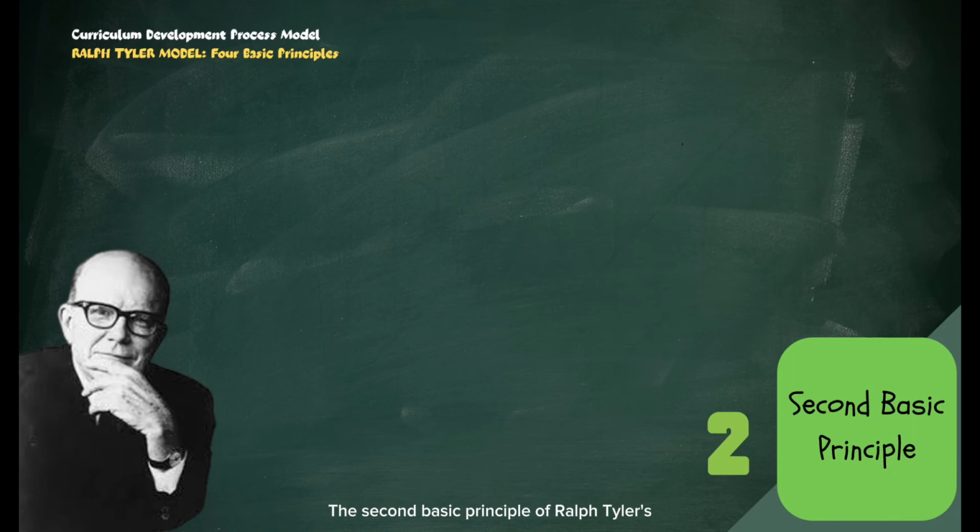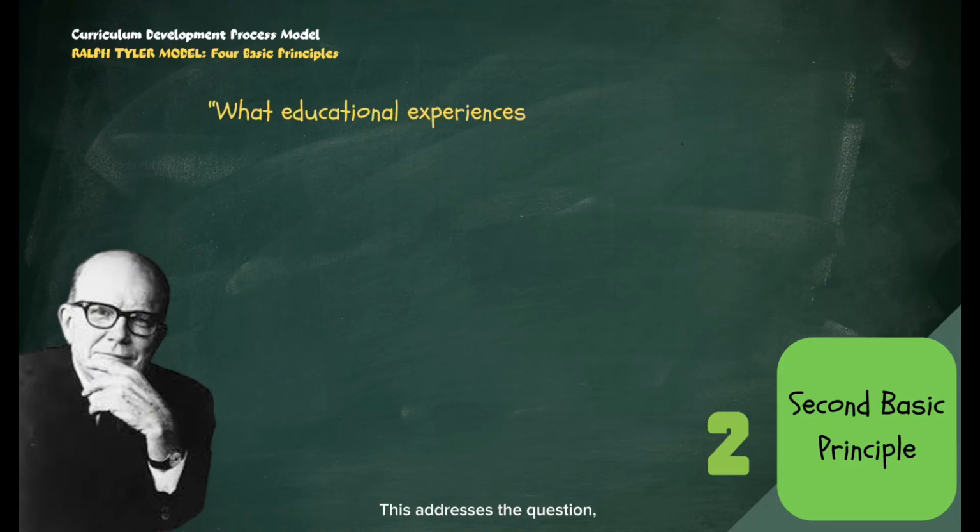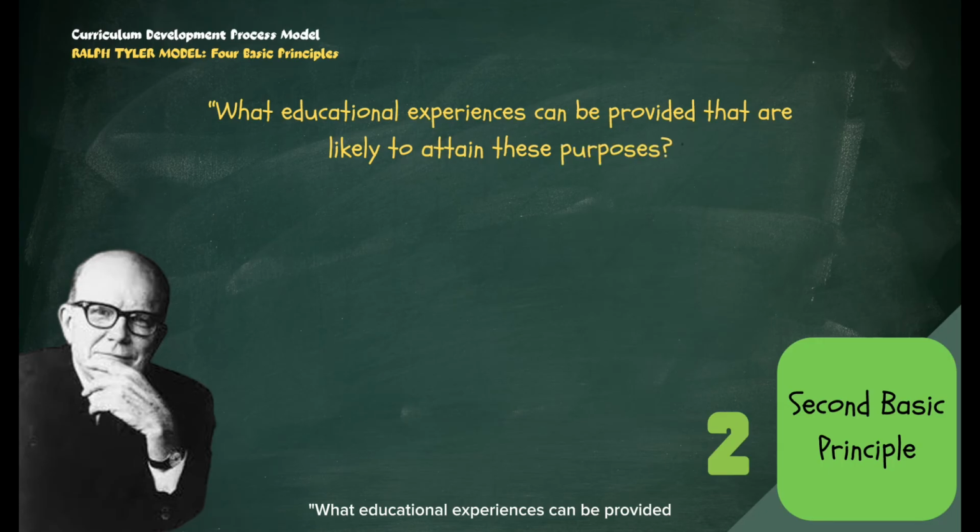The second basic principle of Ralph Tyler's curriculum development framework focuses on determining the educational experiences that are most likely to achieve the defined purposes or goals of education. This addresses the question, what educational experiences can be provided that are likely to attain these purposes?